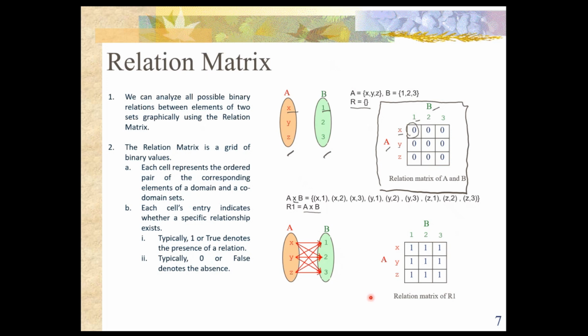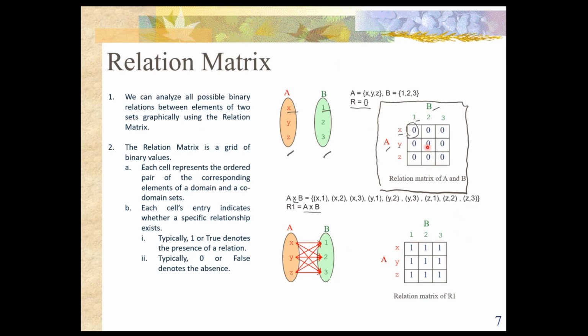Look at the relation matrix, it looks exactly the same. What is different here? Because all the elements in set A are connected to all the elements in set B, we indicate the presence by using the number 1 instead of 0. Now, in some books or other materials, they may not use 0 or 1.